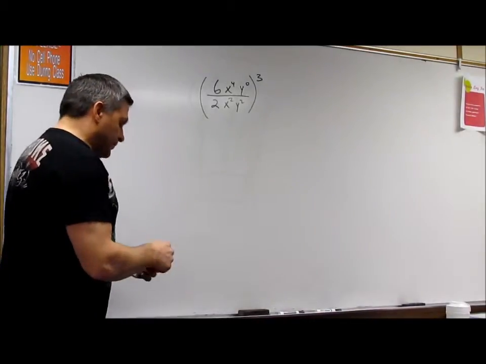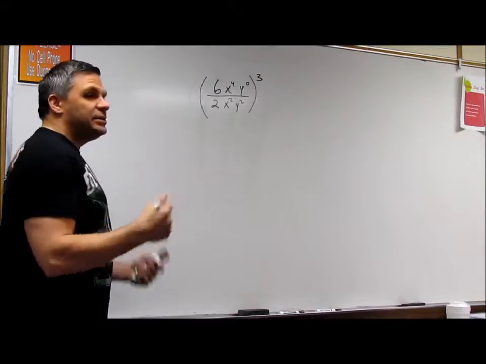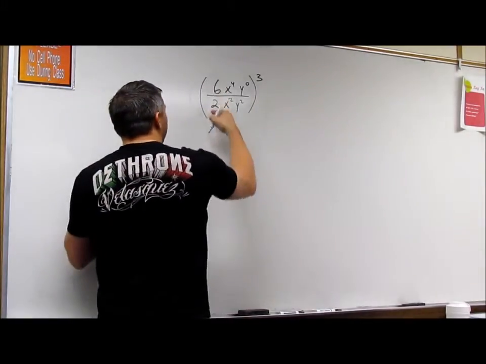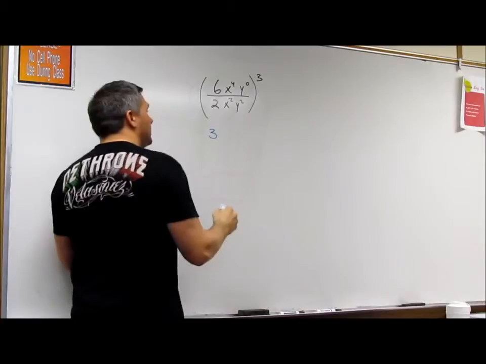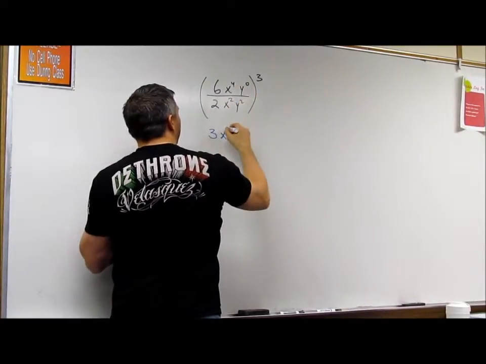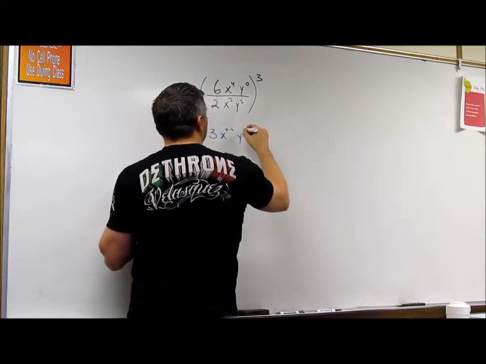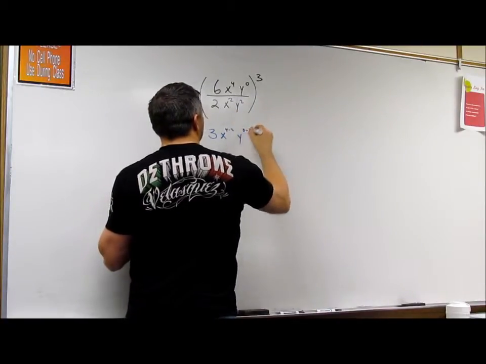So, right off the bat, I'm doing 6 divided by 2. And in this case, 6 divided by 2 is 3. And then I do my x's. X to the 4 minus 2 and y to the 0 minus 2.